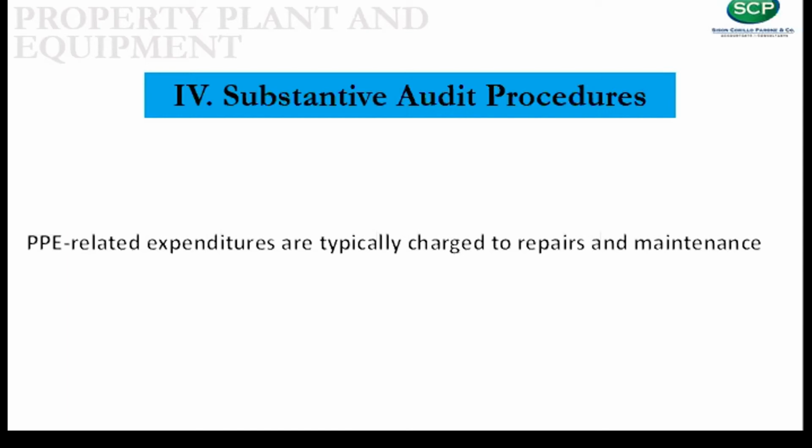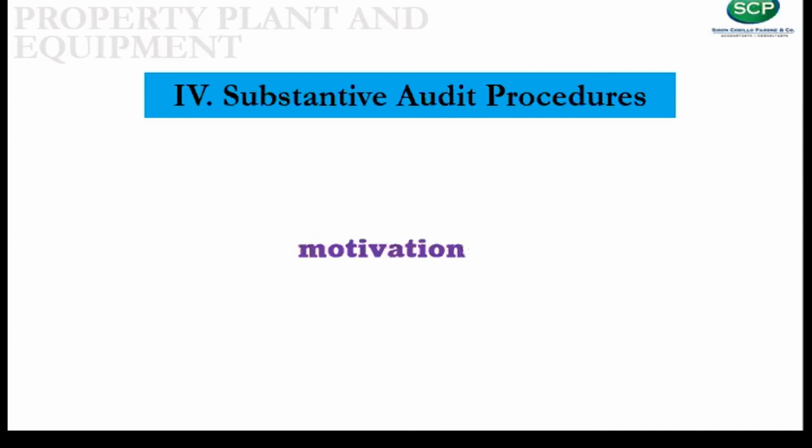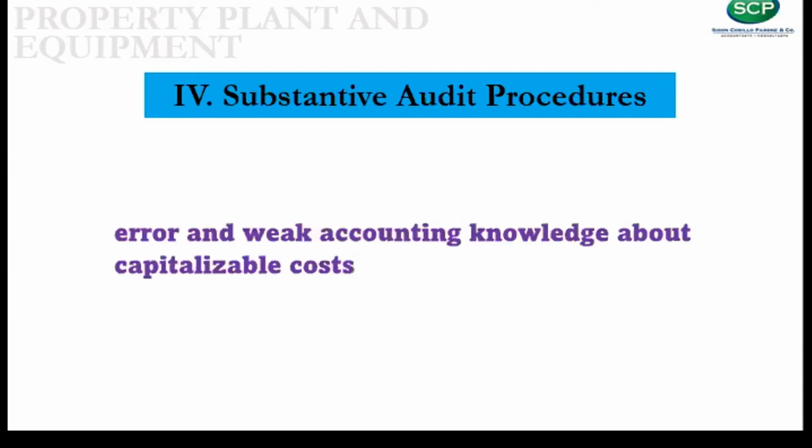After all, capitalizing costs essentially reduces expenses, thereby improving the company's results of operation. Consequently, the risk of capitalizable costs charged to repairs and maintenance should be very low, right? Well, it depends on the motivation of the management. It could be that management has no intention of misstating the repairs and maintenance account, and that any misstatement found in the account could just be a result of an error and weak accounting knowledge about capitalizable costs.